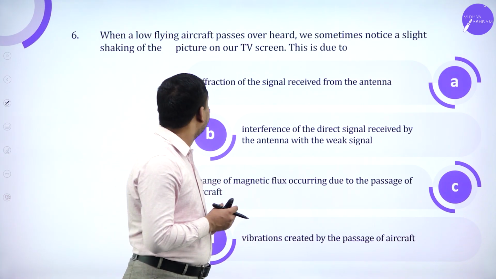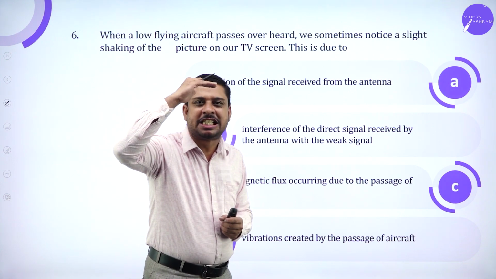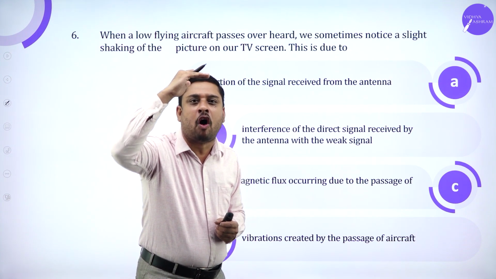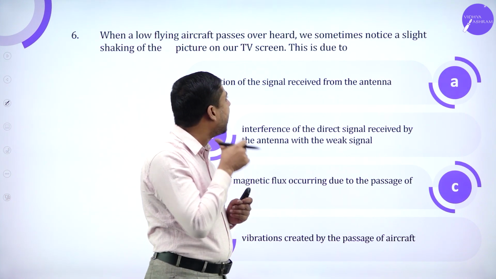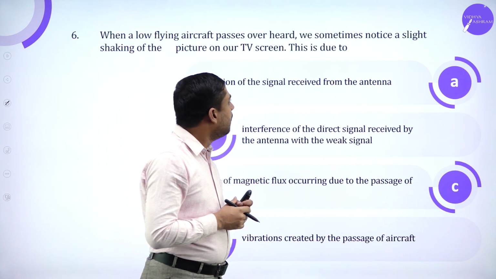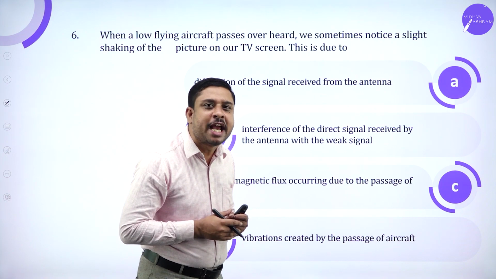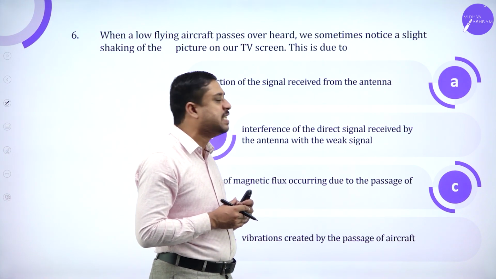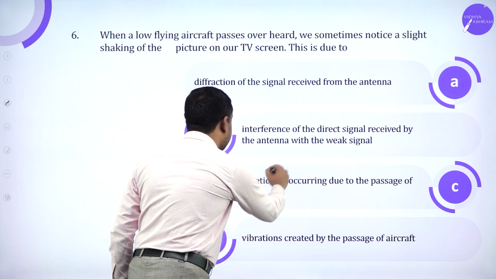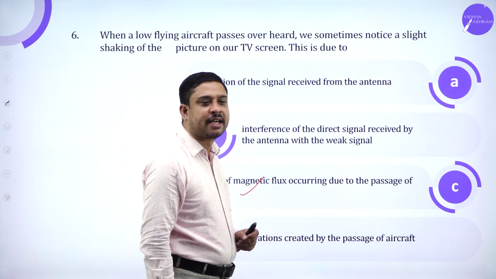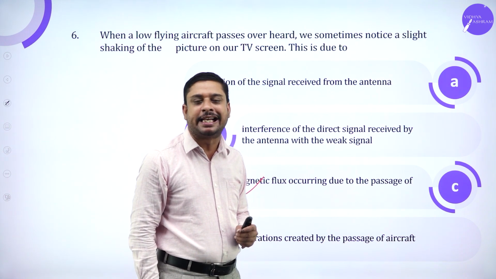A low flying aircraft which is flying at smaller altitude passes overhead. We sometimes notice a slight shake of the picture on our TV screen. This is due to change in magnetic flux occurring due to the passage of aircraft.